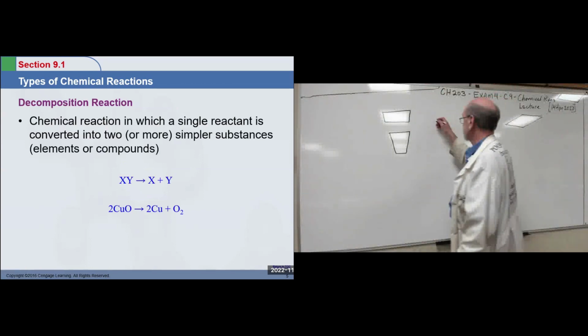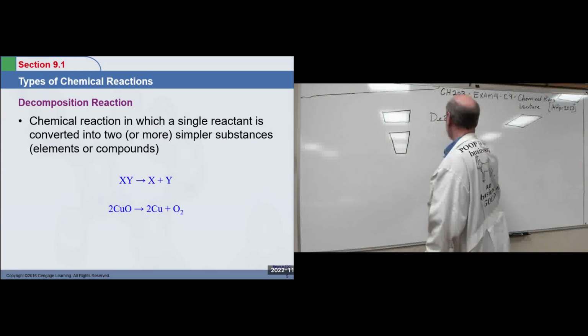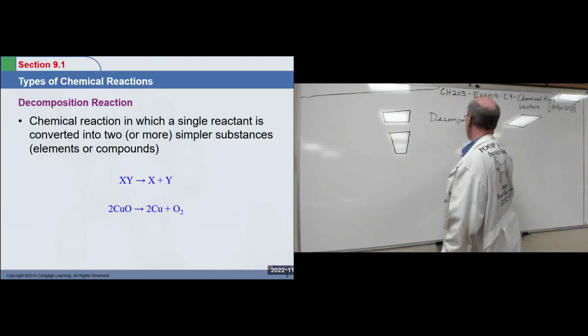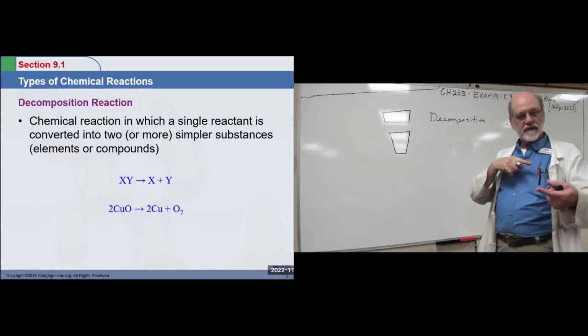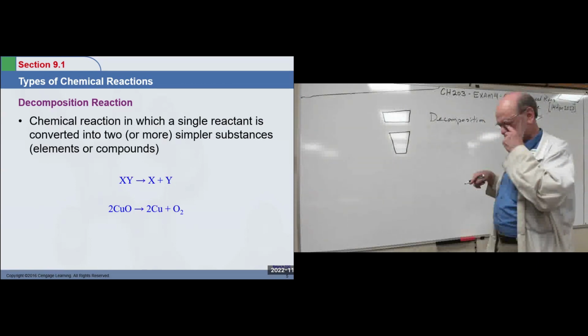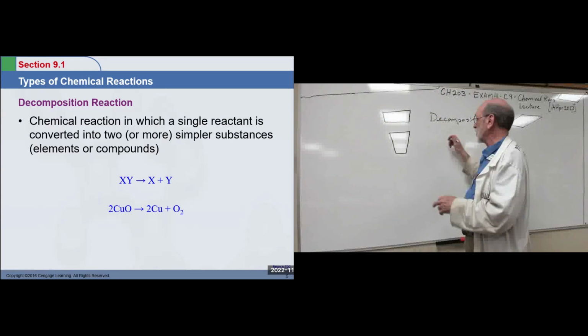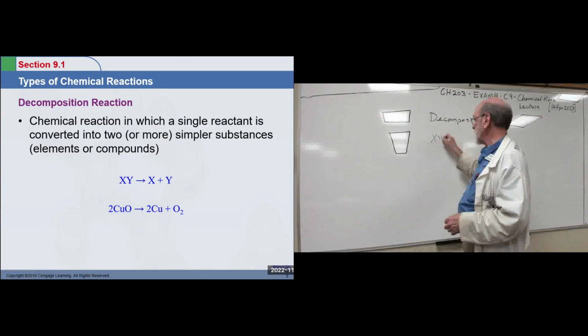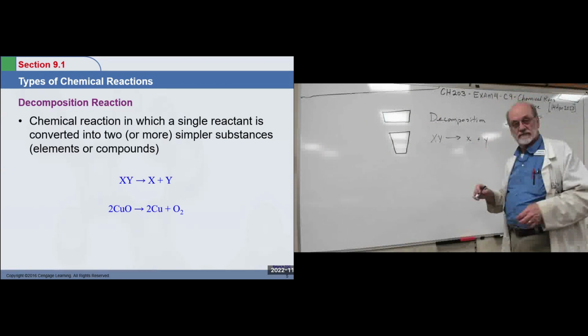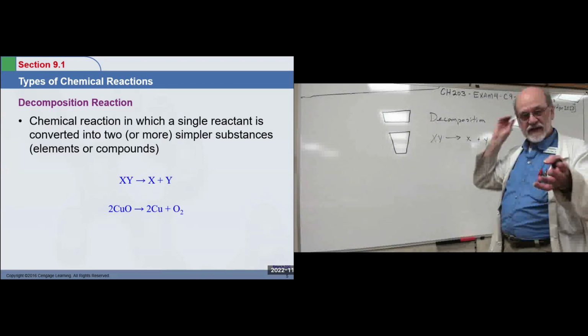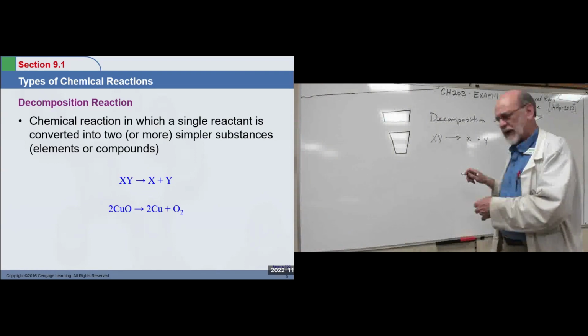Decomposition reaction. A decomposition is the inverse. It's like the synthesis reaction in reverse. So in this case, we would have XY yields an individual X and a Y. They have an example there. I like this one better.